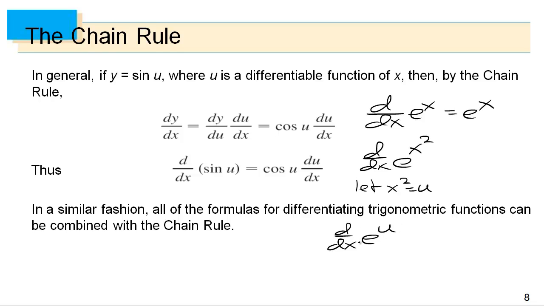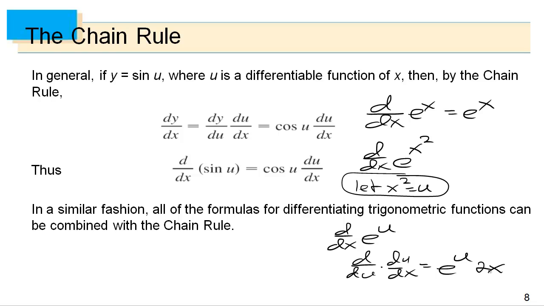Well, we can't really do this, so instead we have to do the whole d du times du dx of it, right? And d du is just e to the u, that doesn't change. And then du dx means we're taking the derivative of this with respect to x, and the derivative of that is 2x. And then if we sub back in, because we want to write it all in terms of x, we see that we just get e to the x squared times 2x.